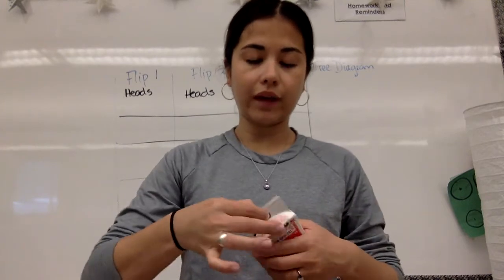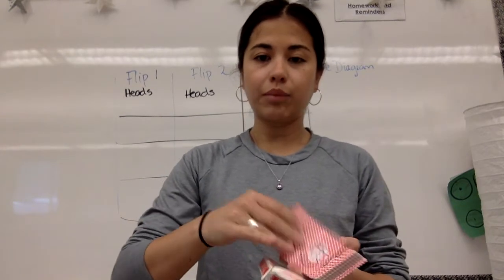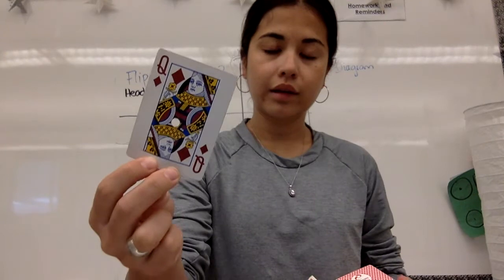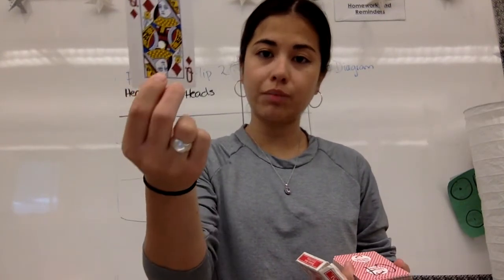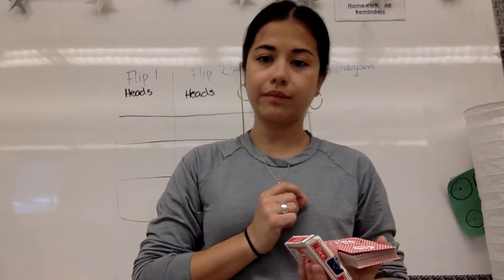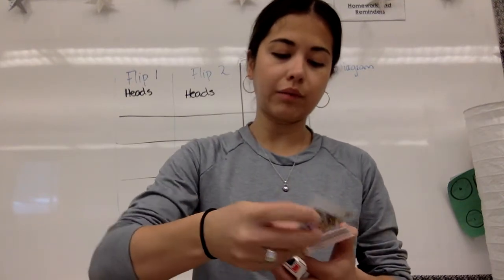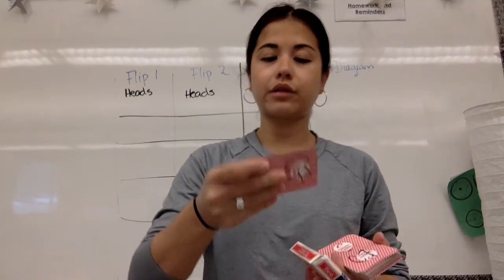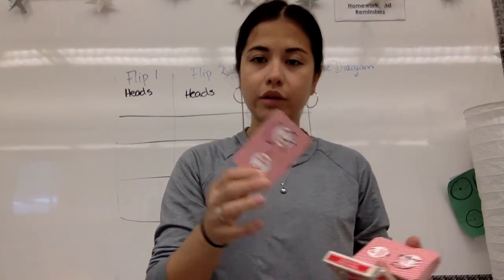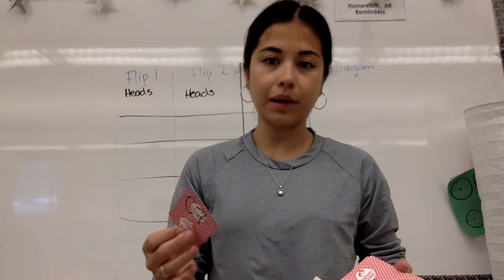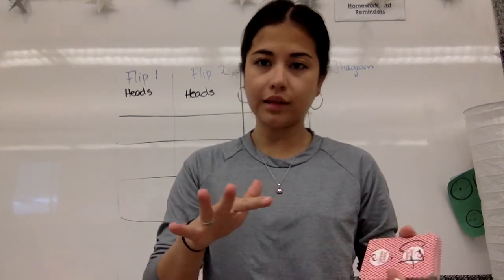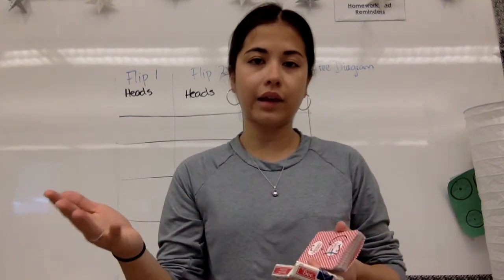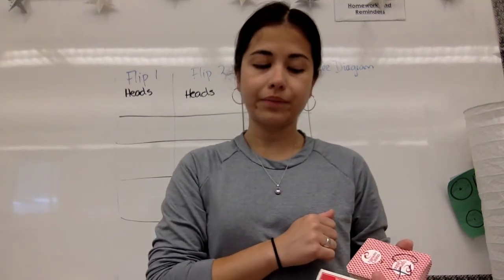For example, if I have a deck of cards and I pull out a queen of diamonds, and I put it back in the middle, and now I pick another card, 8 of hearts. Those two events were independent because since I put the card back, the deck stayed the same, and my second event had no influence on the first one.